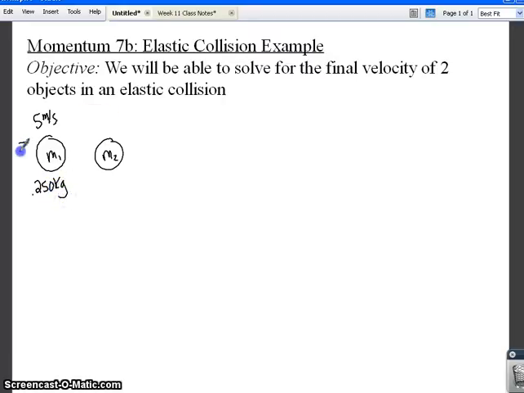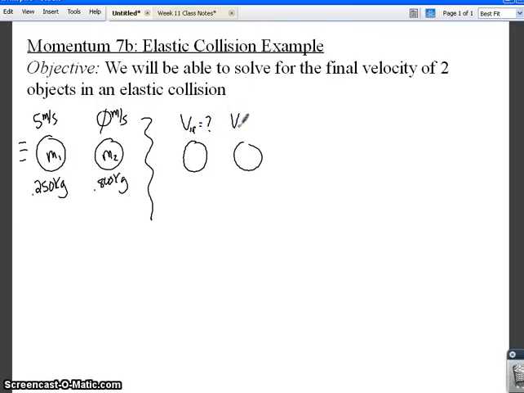This object is at rest, 0 meters a second, and it weighs 0.8 kilograms. They collide, and afterwards, we need to calculate the velocity of object 1, and the velocity of object 2. Which way are they going and how fast are they going?